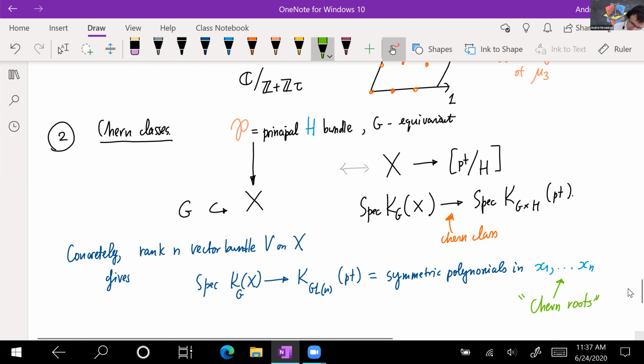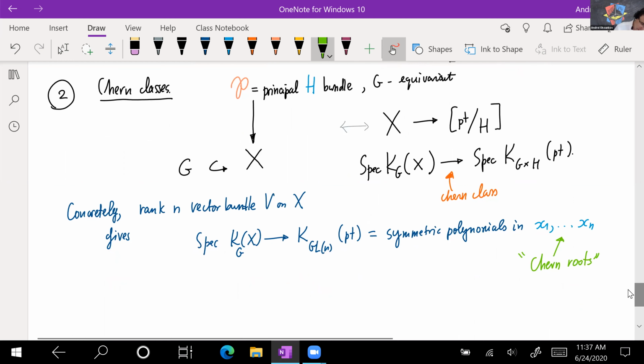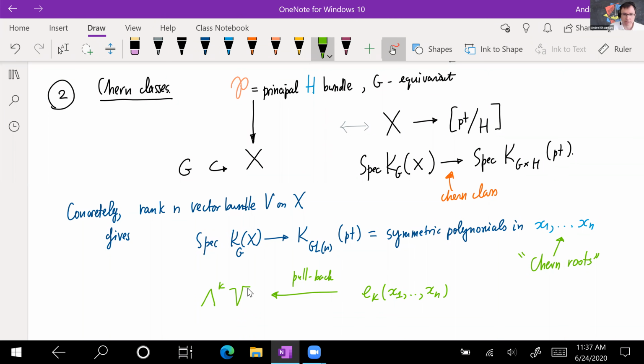And so what is this map? It's just, if I consider pullback on functions, it means if I take the kth elementary symmetric function, that pulls back to the kth exterior power of my map. We've seen this before, right?